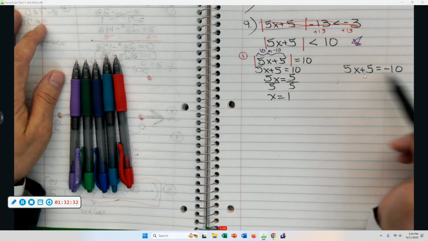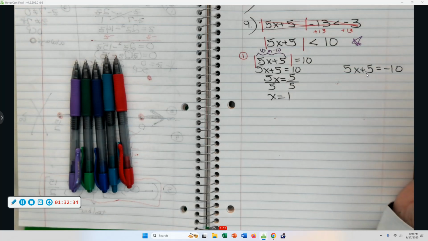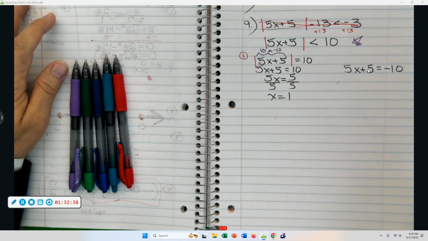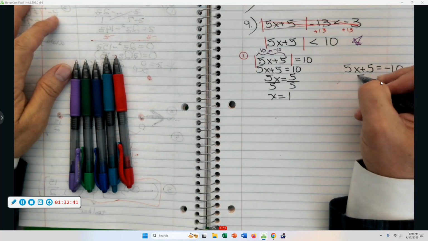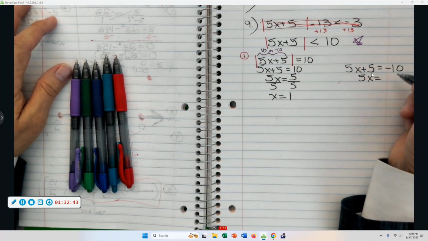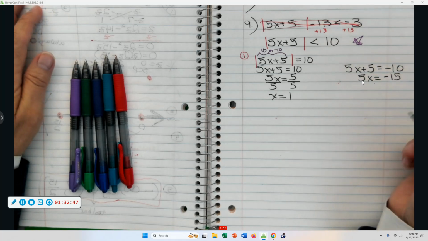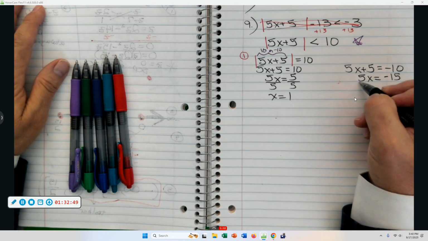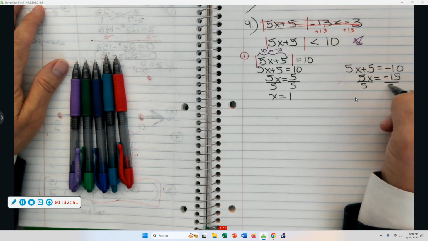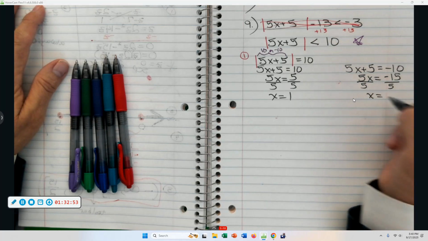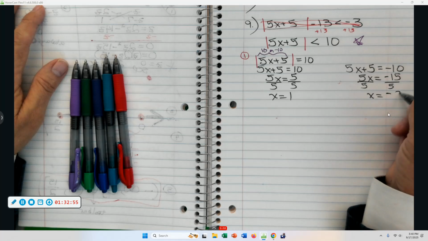Okay. Now this one. For our second solution cut point, what will I do first? Subtract the 5 again to give us 5x equals negative 10 minus 5 is negative 15, and then divide by 5. So we're getting a second solution cut point of negative 3.